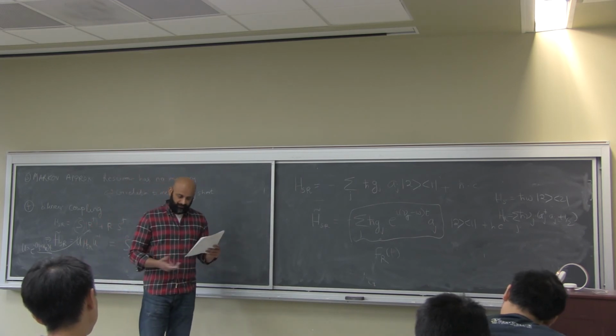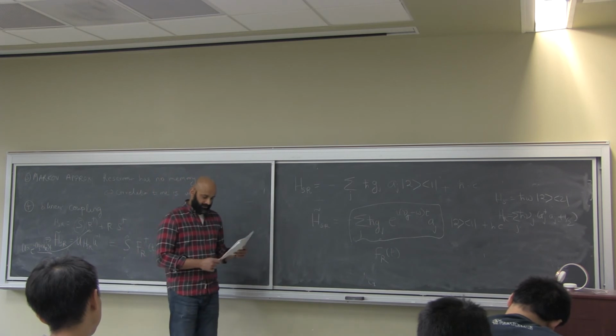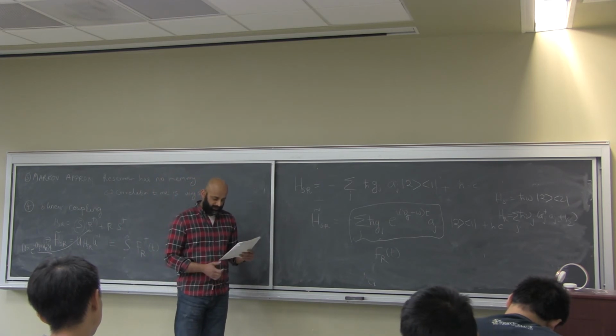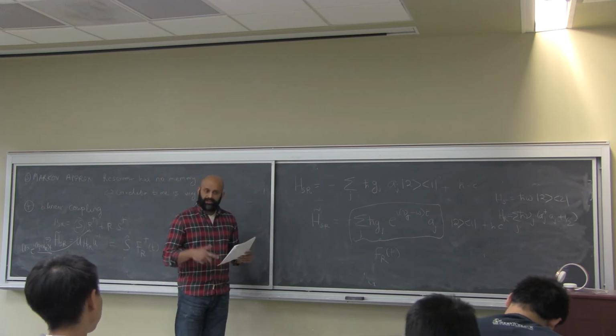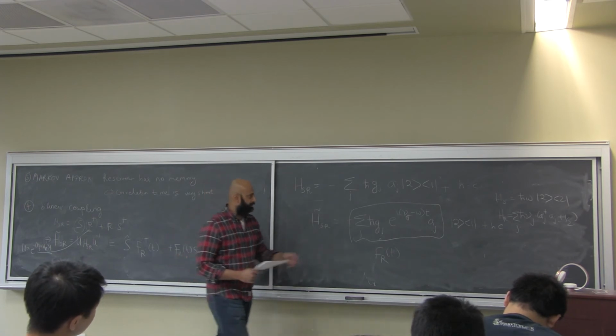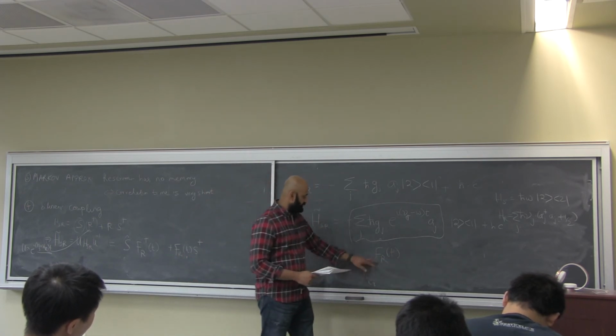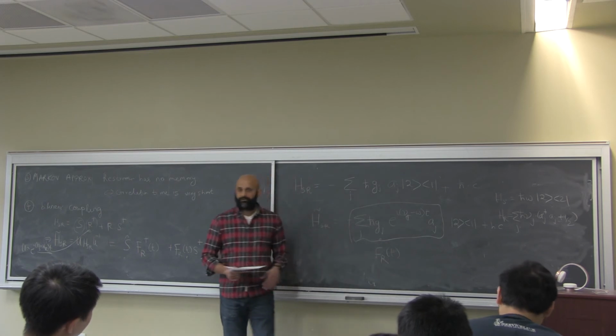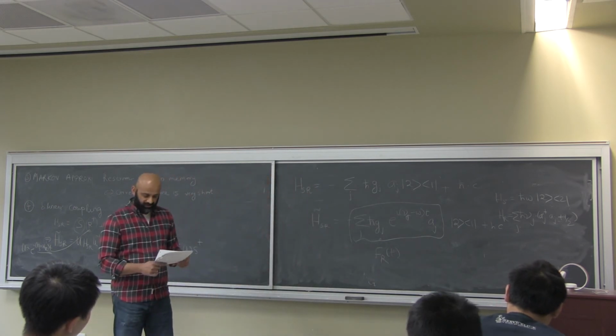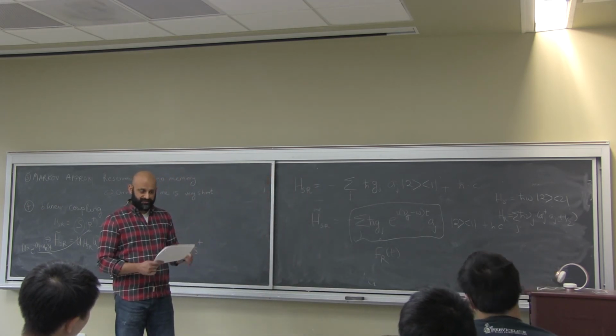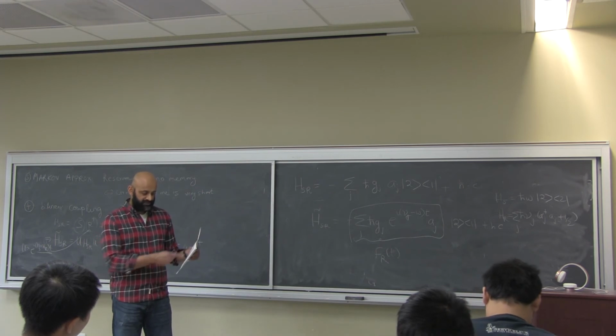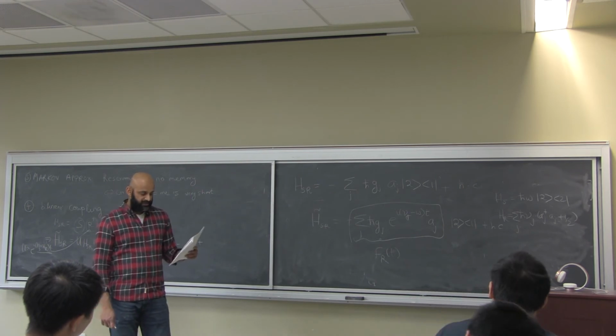A typical term in that evolution equation is going to have a combination of system operators and these reservoir functions FR of t. Okay, so it's going to have many of these terms. In fact, it's always going to come in pairs, as you can see in the expression.